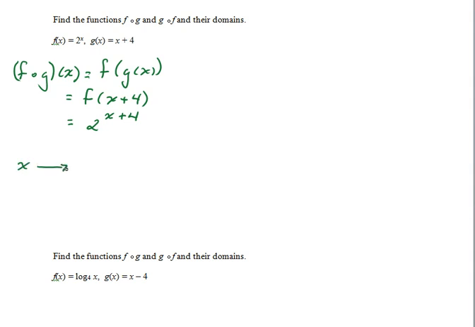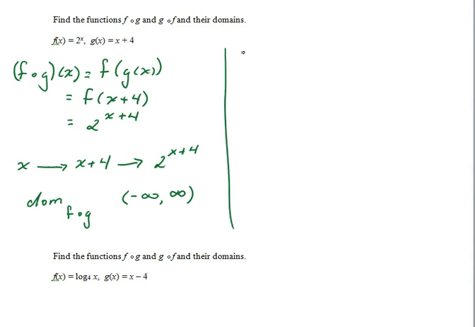There is no restriction when x goes to x plus 4 or when we exponentiate. Both have domains which are all reals, and so the domain of the composition of f with g is equal to negative infinity to infinity.